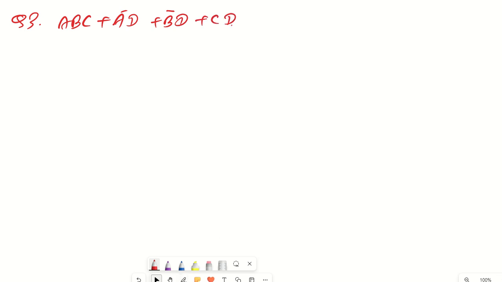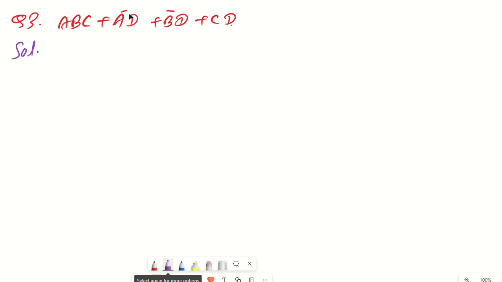Okay. So this is the question that is there with us. Now once we try solving this question, how shall we approach that, we have to understand, right? So can we do one thing, this ABC plus A bar D plus B bar D, right, plus CD, right? So how shall we proceed?